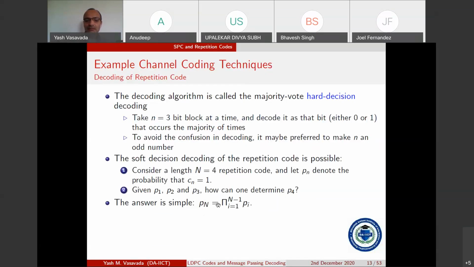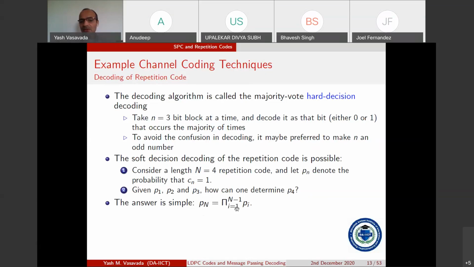Oh, by the way, there is a typing mistake here. This would not be an equal to sign. It would be a proportional to sign, because actually we have to use Bayesian math to determine this P of n. And when we do Bayesian math, this will give us just the likelihood function.